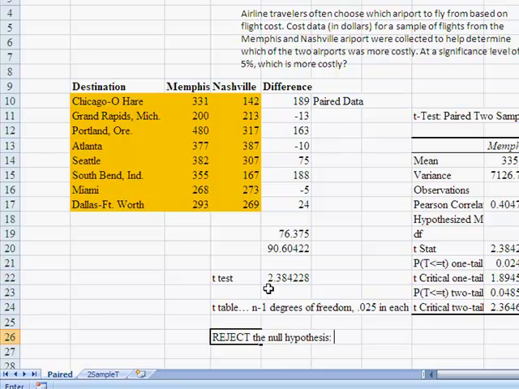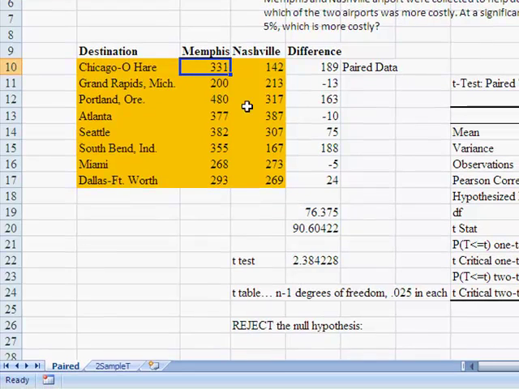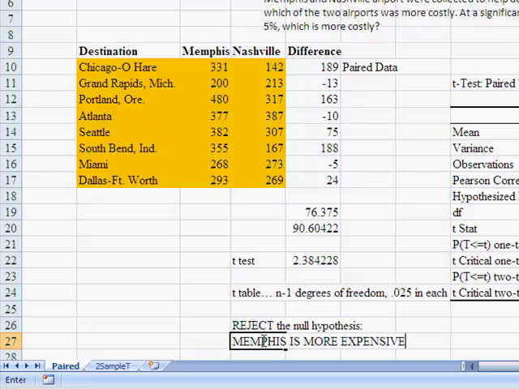Finishing your conclusion is saying, all right, if I've rejected the null, what does that tell me? Well, in this case, this difference here is positive. How did I define my difference? My difference was Memphis minus Nashville, meaning that Memphis is more expensive. So I've rejected the null hypothesis, and Memphis is more expensive.